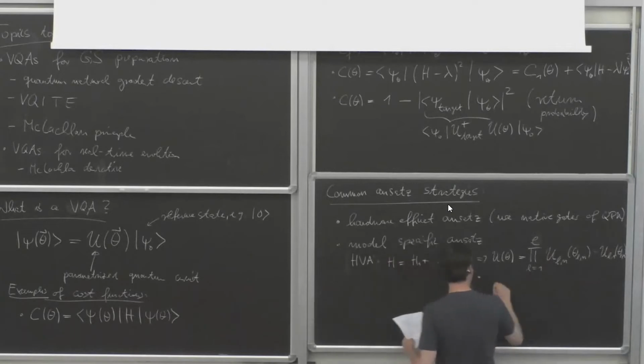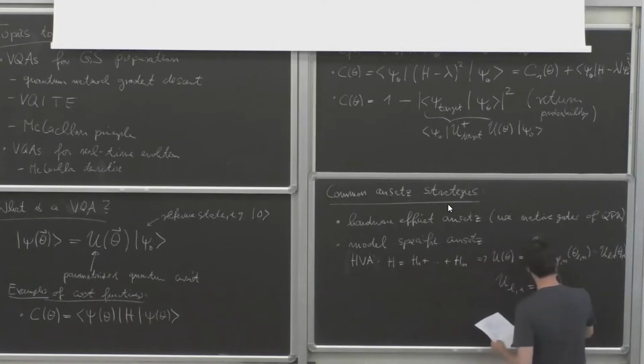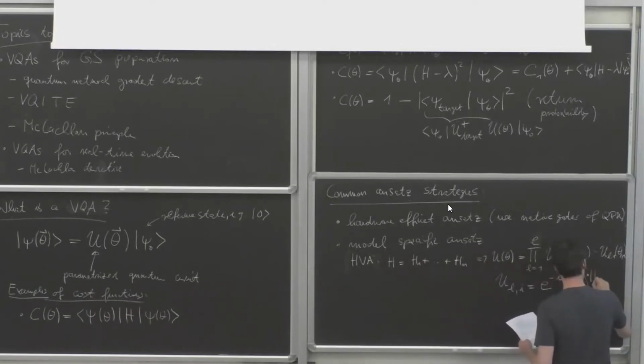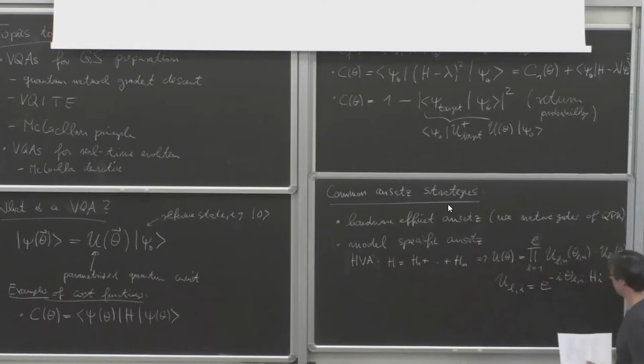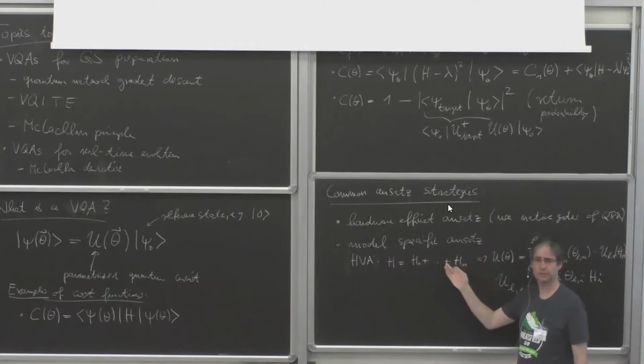U, L, I is e to the minus i. Right, so you're applying e to the minus i theta times the Hamiltonian, and you're applying it for every part of the Hamiltonian that you can split it into, like in Schrödinger decomposition, which I think Sohaib probably covered.